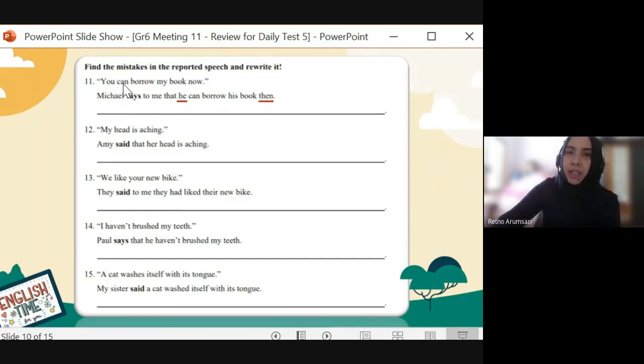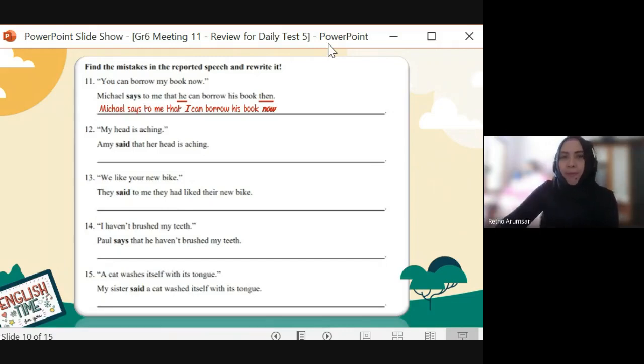And you here is I, right? Is me. And then my here is related to my girl. So yes, you change you into I and you change my into his. But now you don't change the time if the same word is says. So it stays like this. He into I, then into now. So you can just cross out he and then, and write down the corrections, which are I and now. Okay?